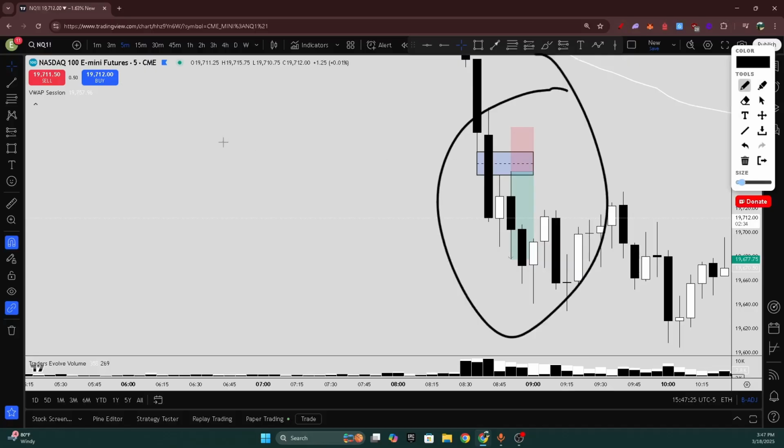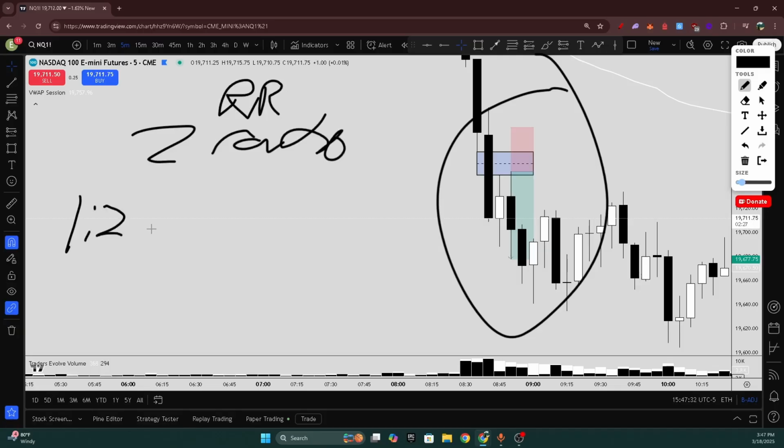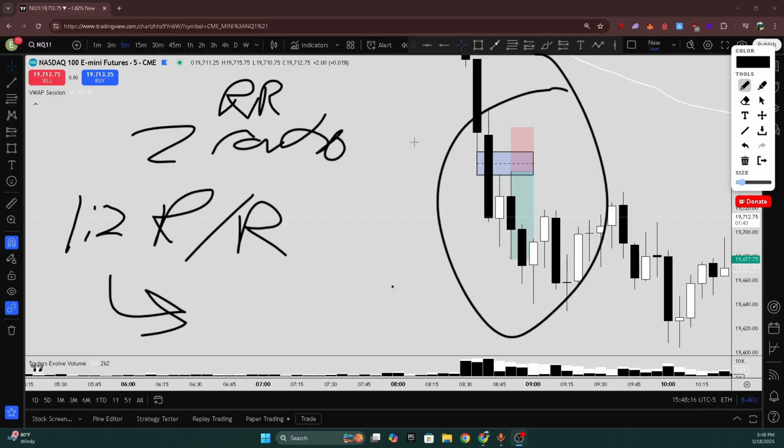So if we have a 2 RR ratio, or a 1-to-2 risk to reward, you can win with having less than 50% win rate. Let me do some quick calculations and tell you the exact number. Okay, so if you have this, to be profitable or to break even, you need a win rate that is greater than 1/3.